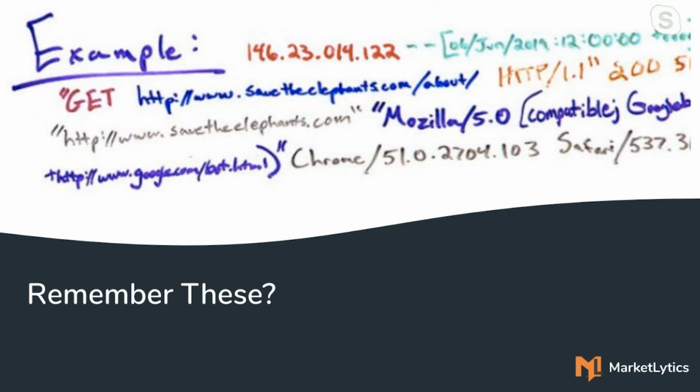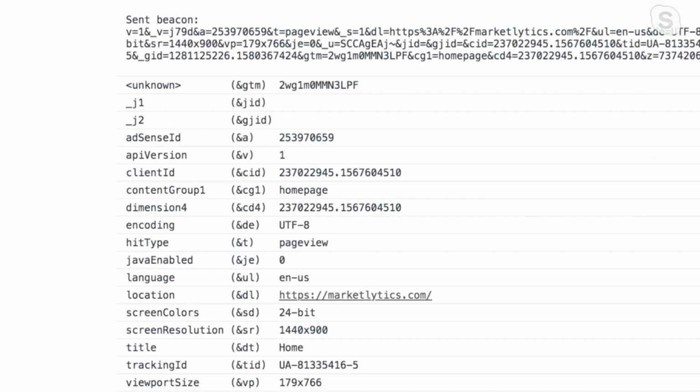What used to happen was that previously, whenever you loaded a page, if you had your server set up, it would give you this information about the entire thing: the IP address of where the person came from, information about what page was being loaded, which browser they were loading it from, and all these things. And what Google Analytics did, which was very smart, is that the original version of Google Analytics, called Urchin, basically converted this into a more readable format and built reports on top of it. So that's where we all started.